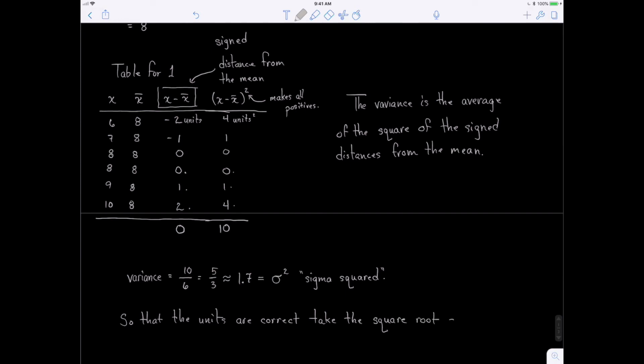Take the square root of the variance. This is called the standard deviation.